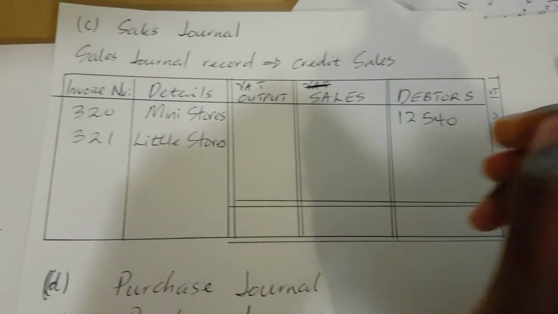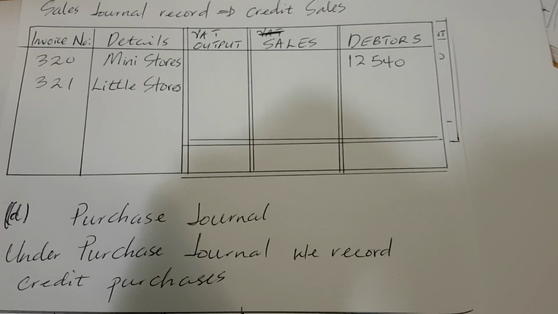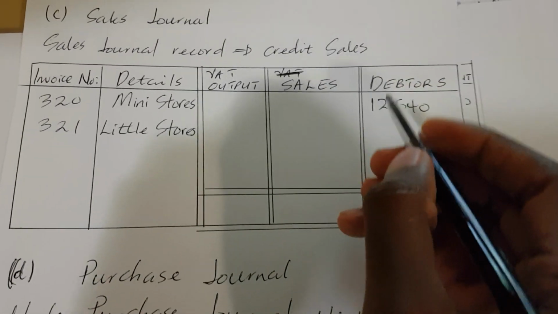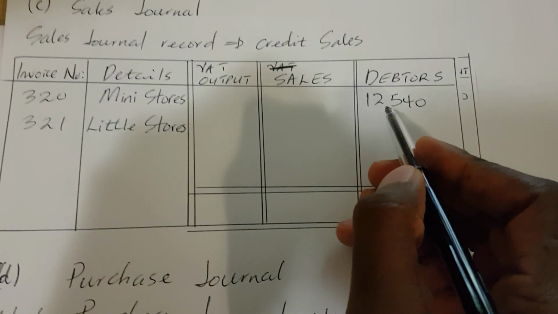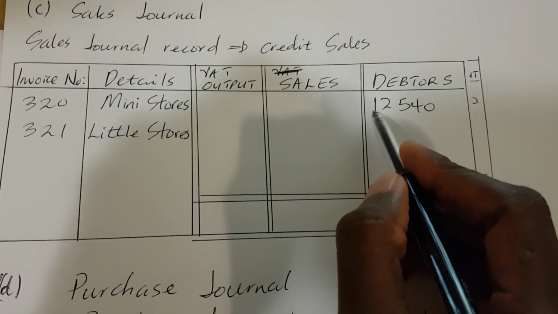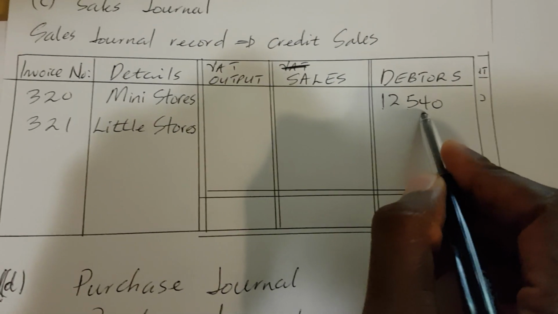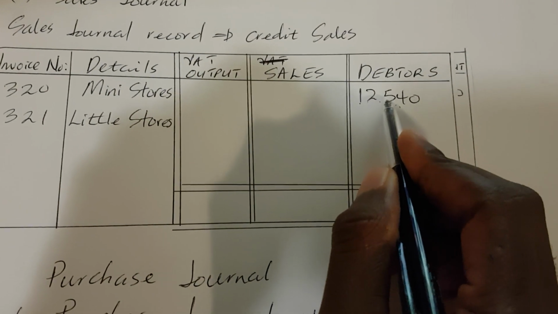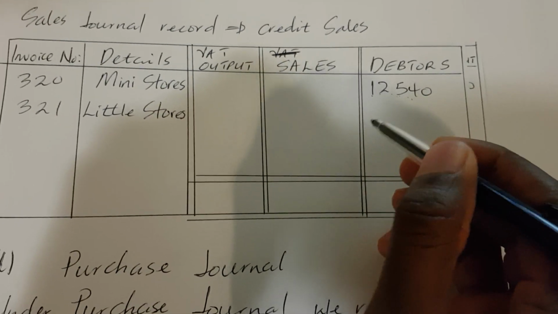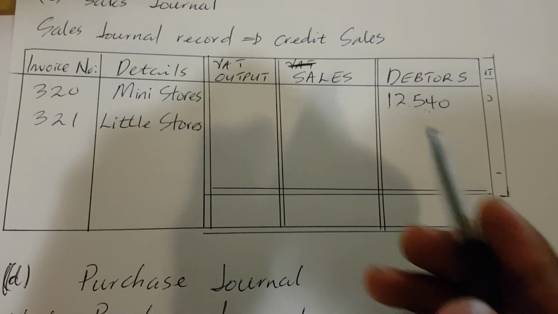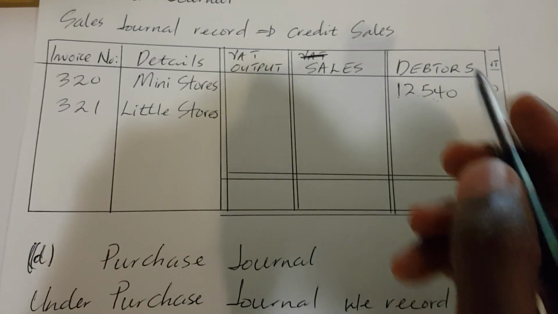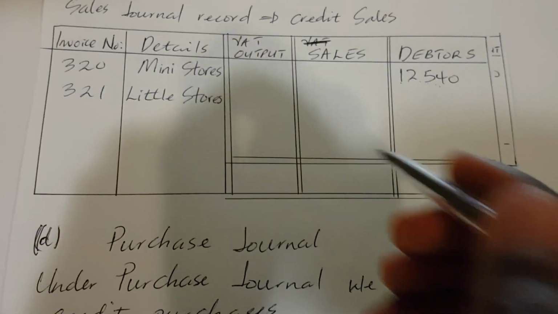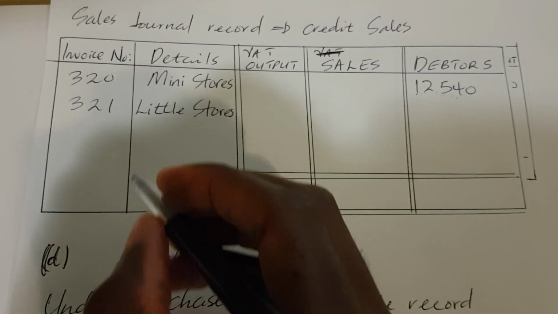12,540 is our debtors balance. So now remember we sold these goods on credit to a debtor at 12,540. So it means this amount is VAT inclusive, meaning to say it includes the VAT. So let's eliminate the VAT out of that amount. So what are we going to say?